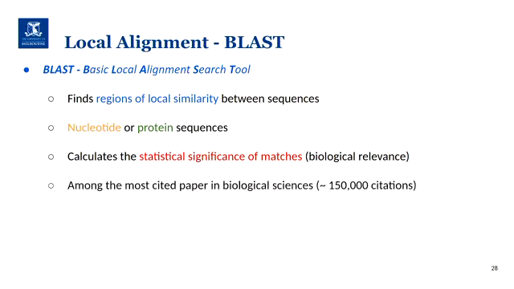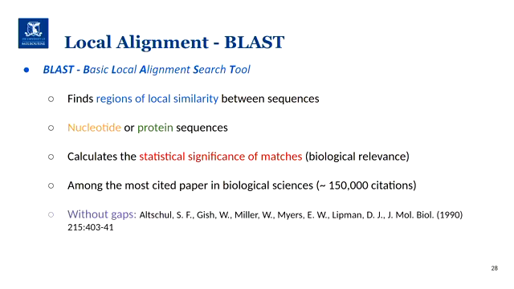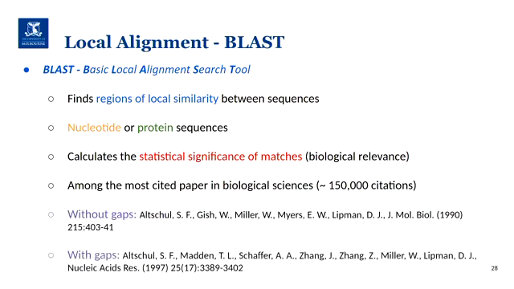The main 2 papers for BLAST are amongst the most cited papers in biological sciences, or ever. They accumulated over 150,000 citations over the years, and they come in 2 different versions, without and with gaps. This is a 30-year-old algorithm now, which is still extremely important and used.